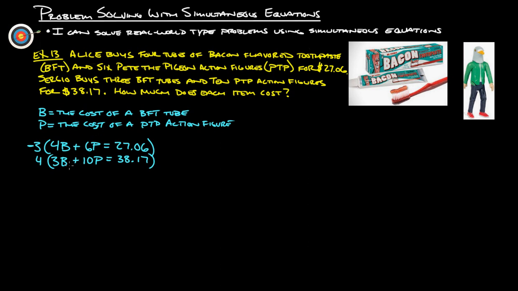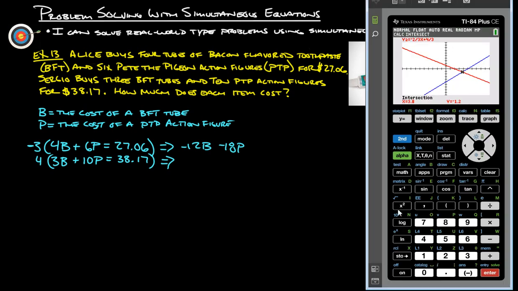Okay? So let's do this. Negative 3 times 4b. So let's shoot these over here. Negative 3 times 4b is negative 12b. Negative 3 times 6p is negative 18p. Negative 3 times 27.06. What is that?